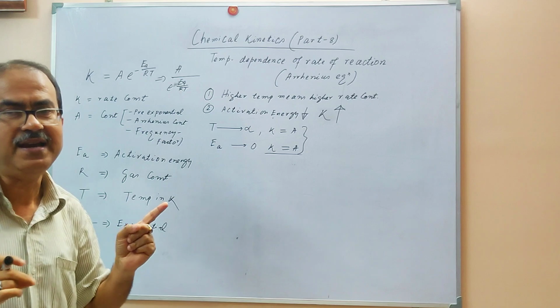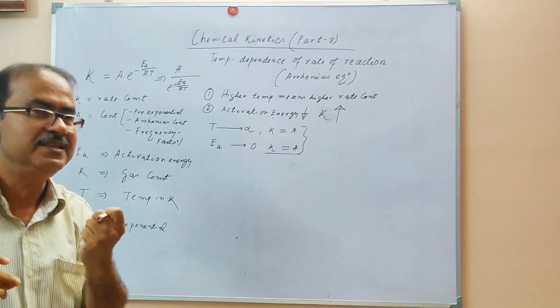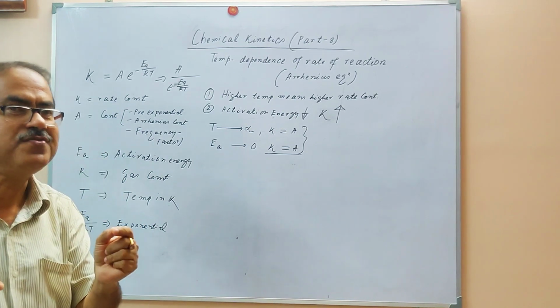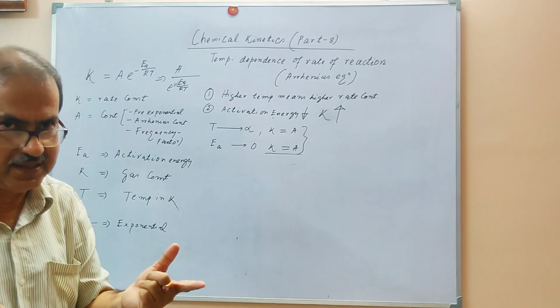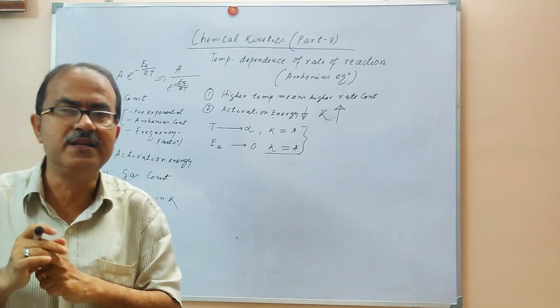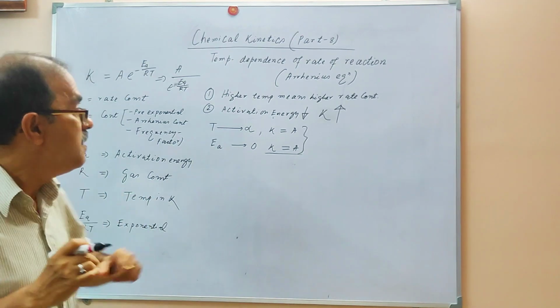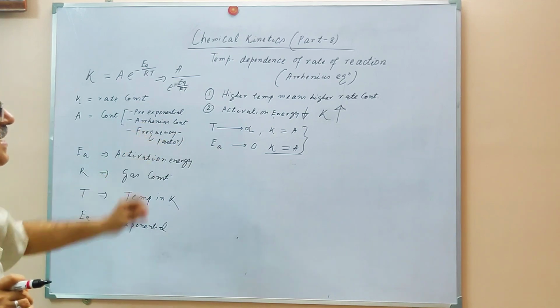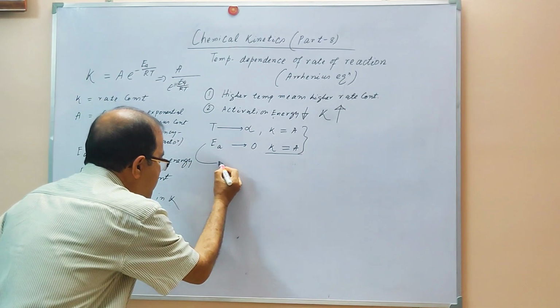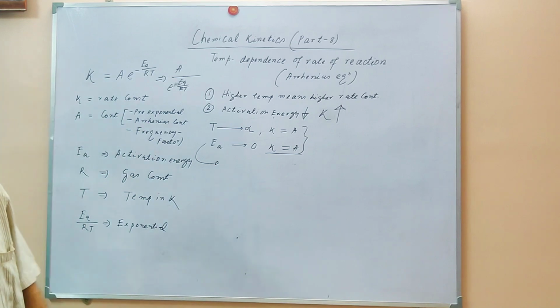So you can understand activation energy. What is going to influence the activation energy? That will be discussed in the latter part, how activation energy is important here. EA is 0 means K is equal to A. At that time, the reaction becomes independent of the temperature.